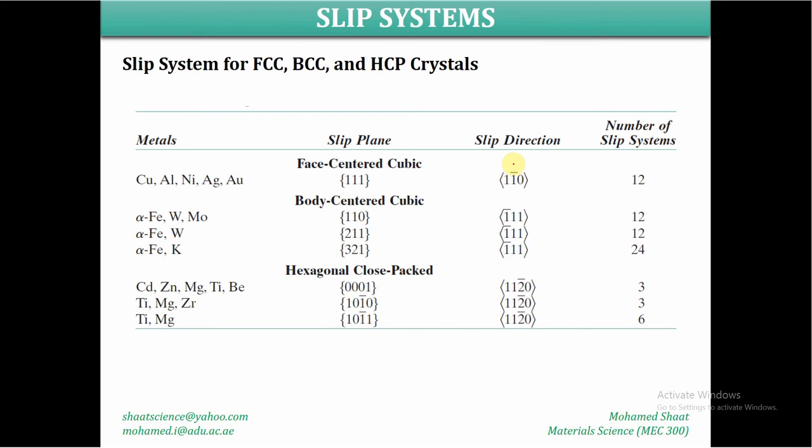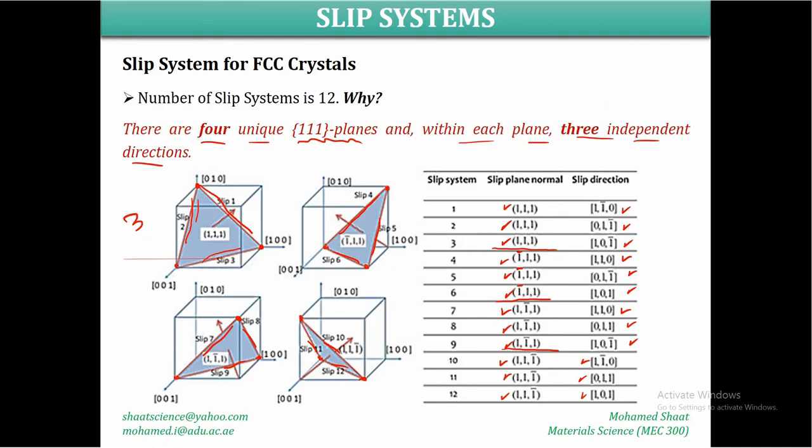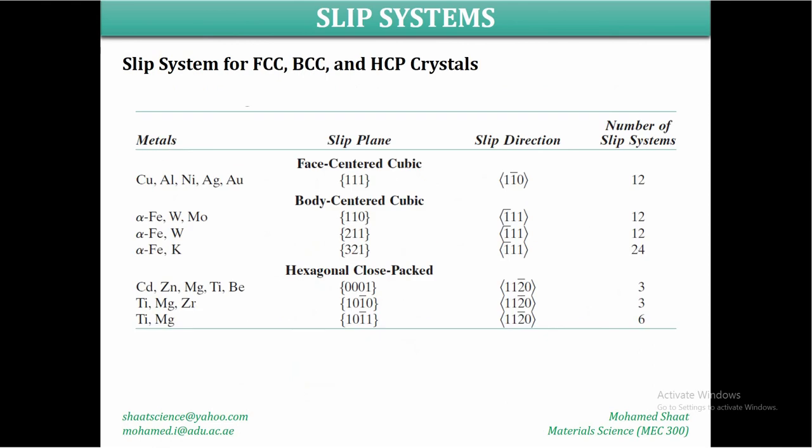As we mentioned in the FCC crystal structure, we have 4 planes, and every one of these planes has 3 directions. So if you multiply 3 times 4, this gives you 12 as the number of slip systems.